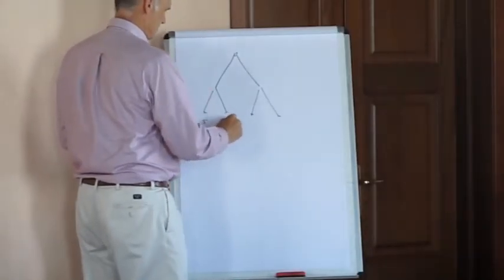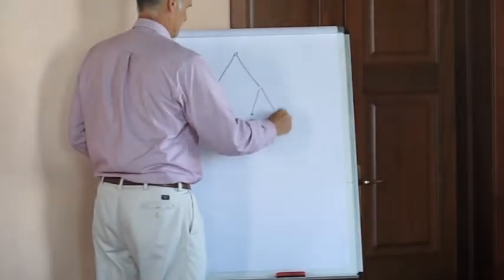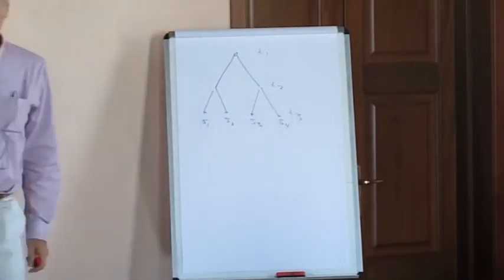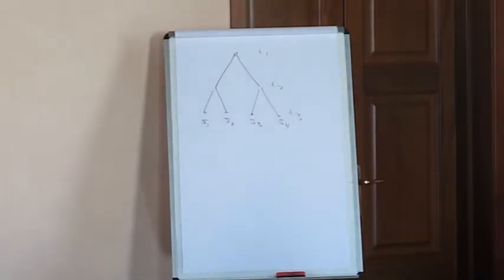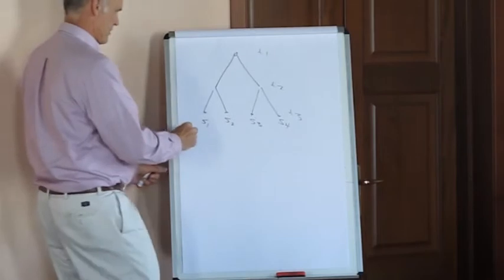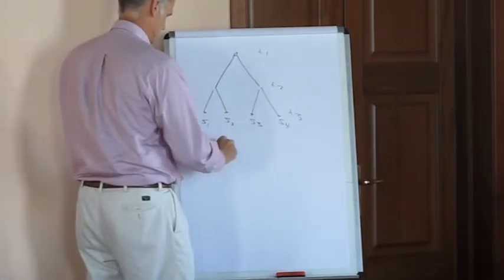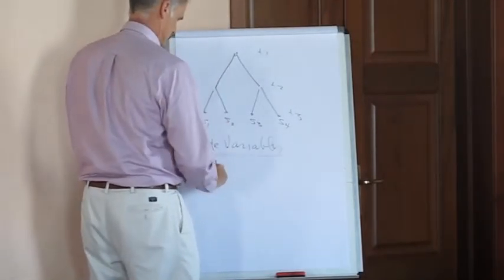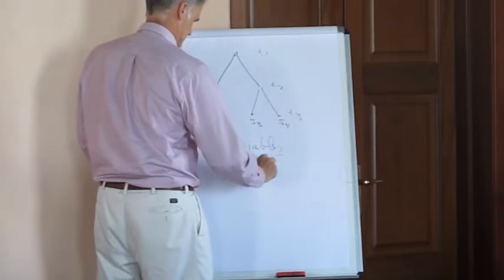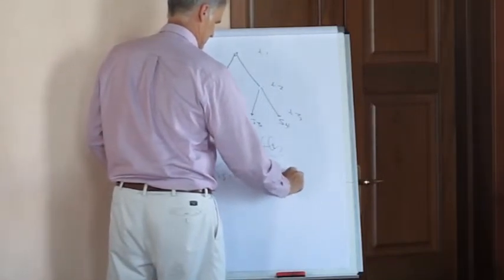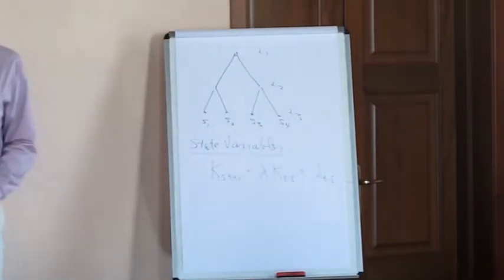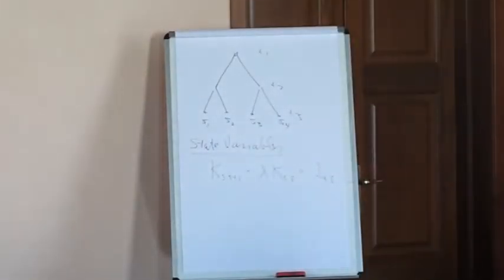And so if we're going to write down, we're going to keep track of, so this is going to be state variables. So there's a state variable evolution equation you write down for a stochastic model.